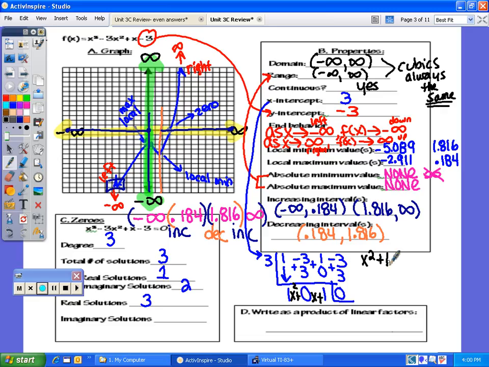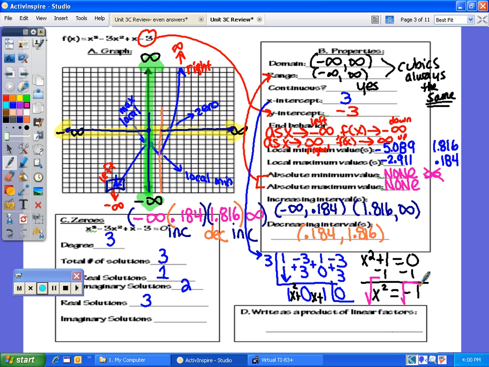Now I'm going to do the shortcut because there's a 0 in the middle. So I can just set this equal to 0 and solve for x. First subtract 1. x squared equals negative 1. The only way to get rid of a square is to do the square root.